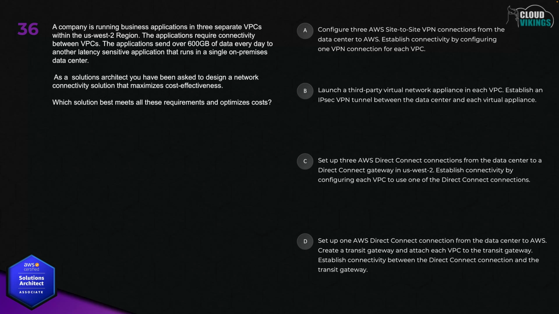Establish connectivity by configuring each VPC to use one of the Direct Connect connections. D. Set up one of the AWS Direct Connect connections from the data center to AWS. Create a transit gateway and attach each VPC to the transit gateway. Establish connectivity between the Direct Connect connection and the transit gateway.